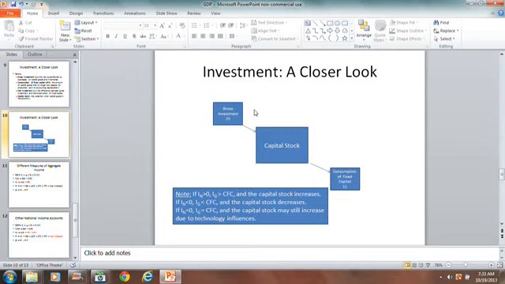So we're replacing old equipment with new equipment that's more technologically advanced. Even though the capital stock stayed the same, our prospects for economic growth may actually increase. So if the capital stock stayed the same and you're adding new equipment that has the same price tag as old equipment that's worn out, that new equipment is going to be more productive.